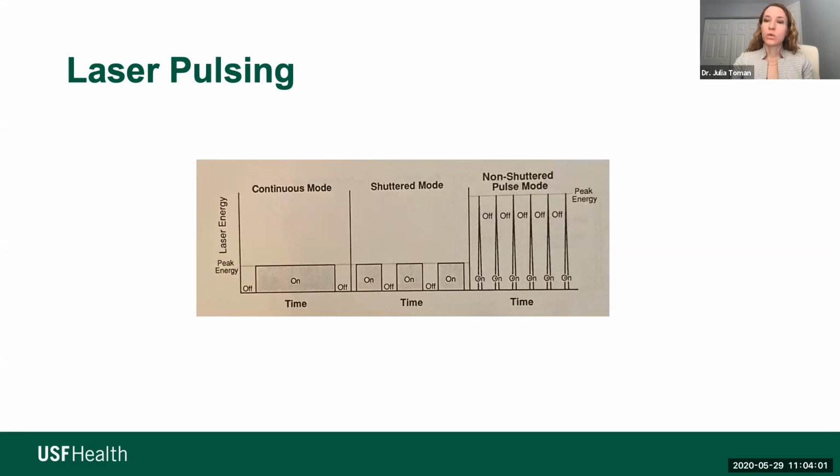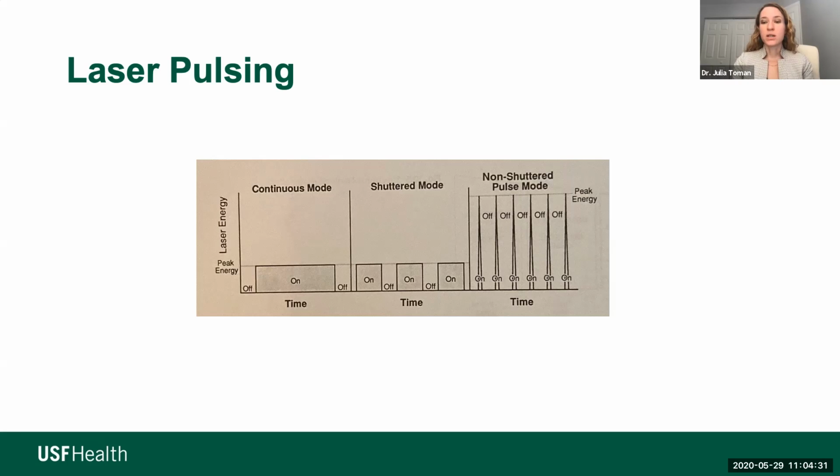Another way to change how lasers interact with tissue has to do with laser pulsing. So pulsing makes use of the idea of thermal relaxation, and that's the amount of time required for an object to dissipate more than 2/3 of the thermal energy that it's absorbed. So pulsed modes will alternate between periods of being on and periods of being off, as opposed to the laser being in continuous mode and just being on.